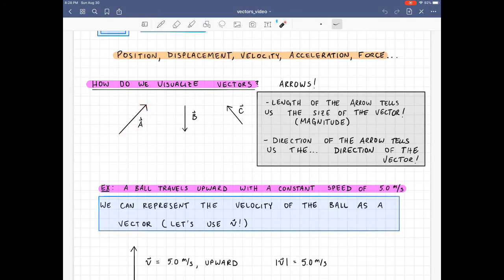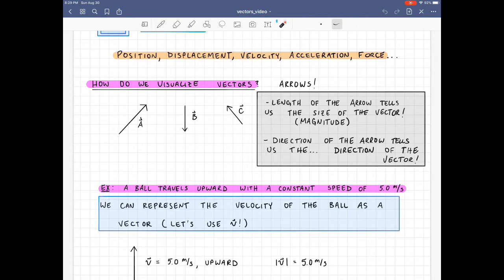When you're looking graphically at a vector, the length of the arrow tells you the size, and we typically refer to this as magnitude when we're dealing with vectors. The direction of the arrow is the direction of the vector. Often when you're looking at these arrows, it can help to connect to physical quantities.